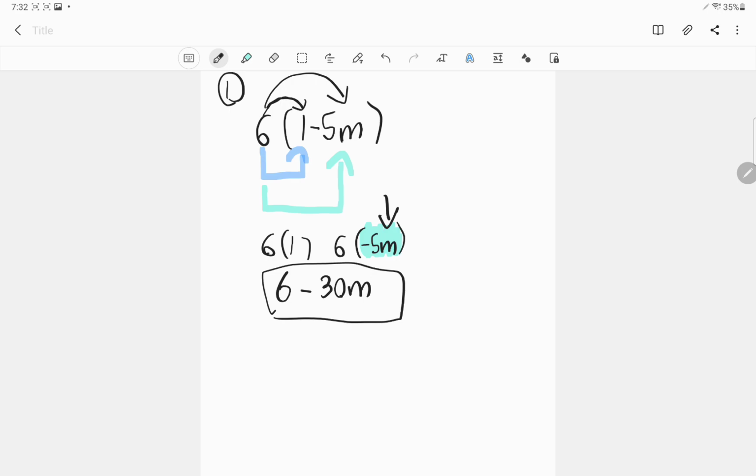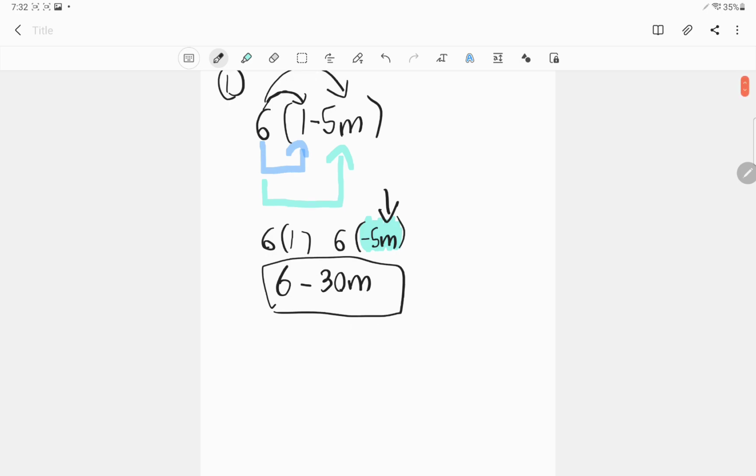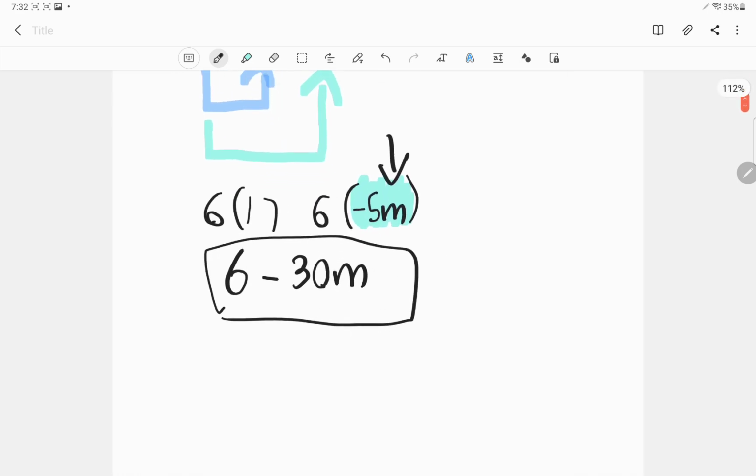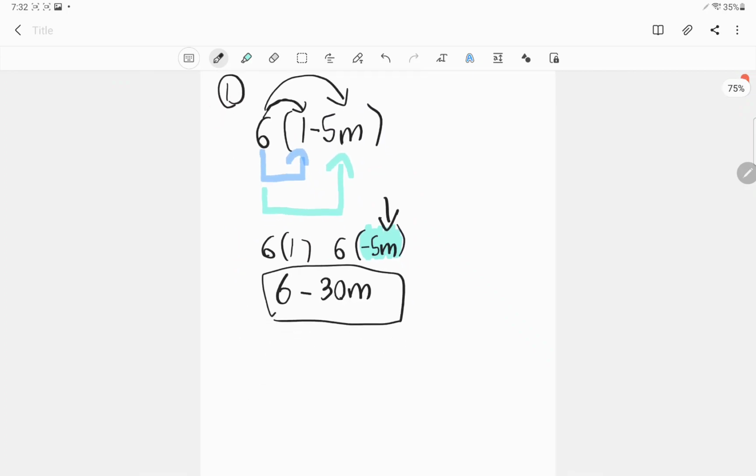Now, I know a lot of people get confused, but let me just give a couple examples. I'm going to put right here on the side, examples of whenever you multiply stuff, right? Let's say we have 2 times 4m. And then we have 3 times x.